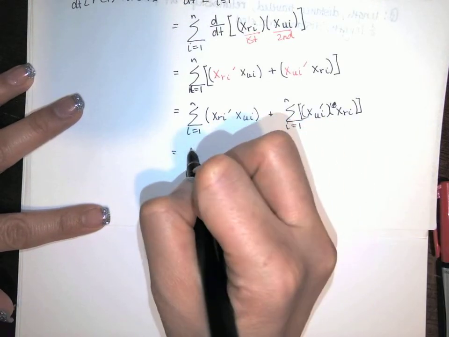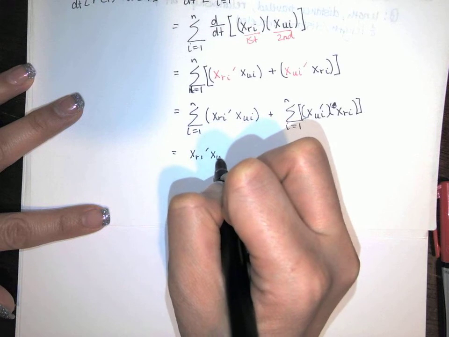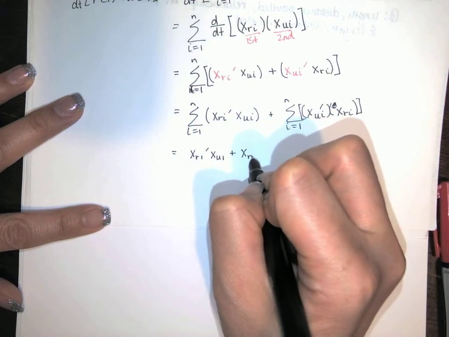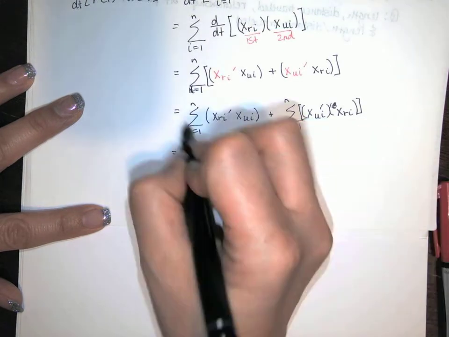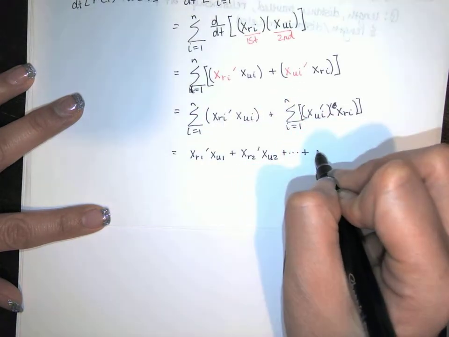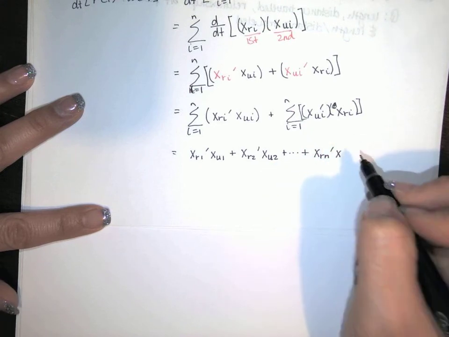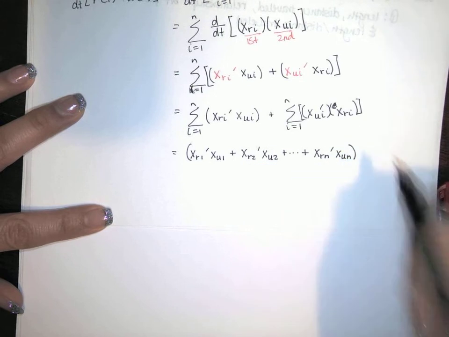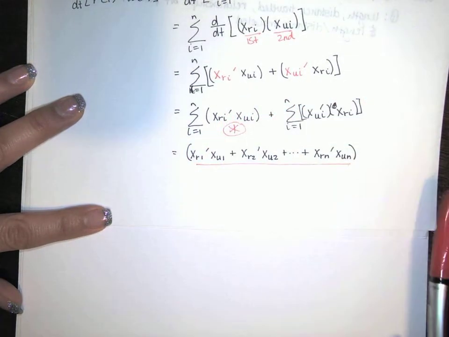If I substitute in i equals 1, I get x sub r sub 1 prime times x sub u sub 1. And then I substitute in i equals 2, I get x sub r sub 2 prime times x sub u sub 2. And then I'm going to keep going until I get n: x sub r sub n prime times x sub u sub n. All of this is just that one right there.